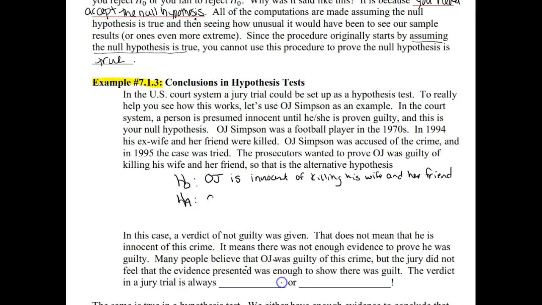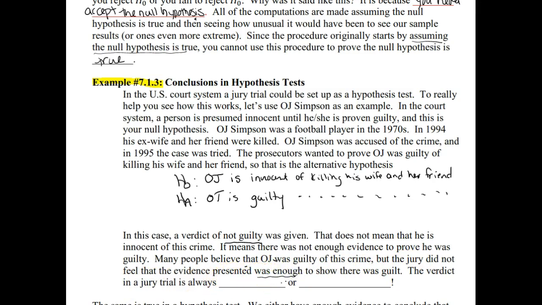But the alternative is going to say that O.J. is guilty of killing his wife and her friend. Now, in this case, a verdict of not guilty was given. That does not mean that he's innocent of this crime. It means that there was not enough evidence to prove he was guilty. Many people believe that O.J. was guilty of this crime, but the jury did not feel that the evidence presented was enough.